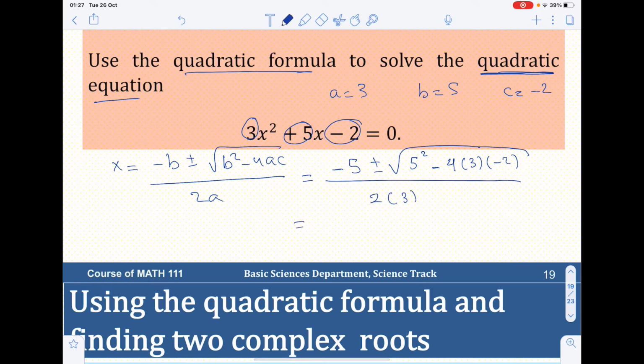Now, negative 5 plus or minus the square root of 5 squared, which is 25, minus and minus. So as you can see here, minus and minus will be plus. 4 times 3 is 12. 12 times 2 is 24.